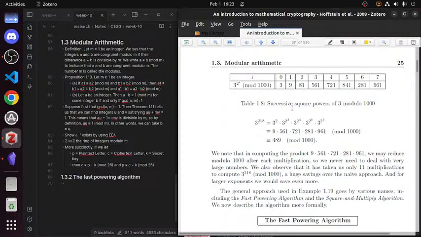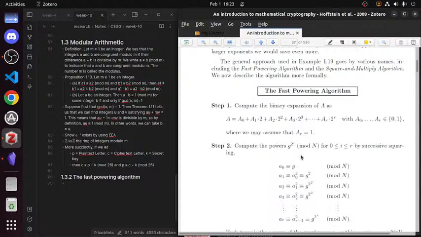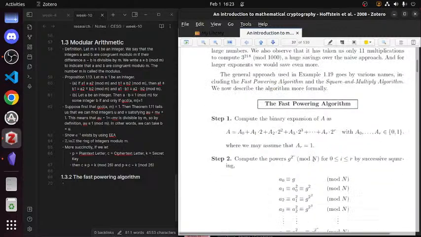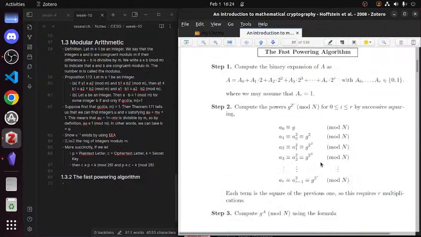Where's my g? 3 is your g. G to the A, where A is your number.